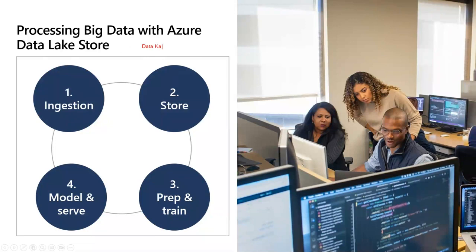Data Lake Storage. And I'm going to put Gen 2 here because you have Data Lake Storage Generation 1, which is different from Generation 2 because Generation 2 has a hierarchical namespace. That's the difference with Generation 1.